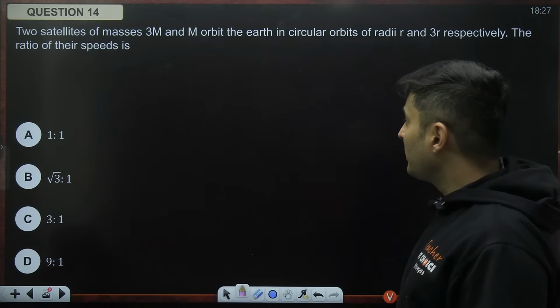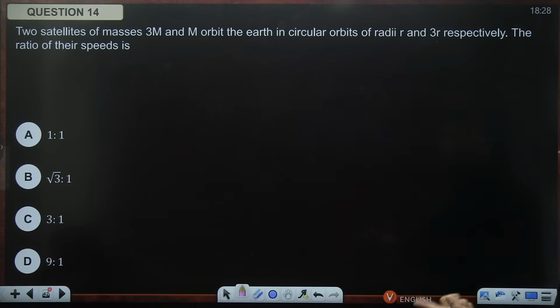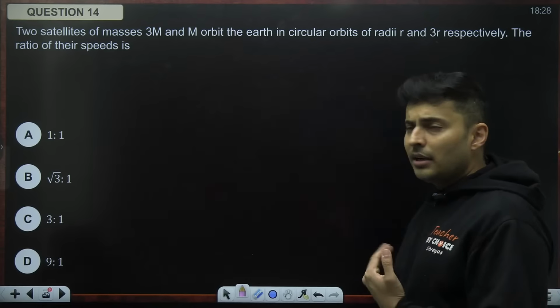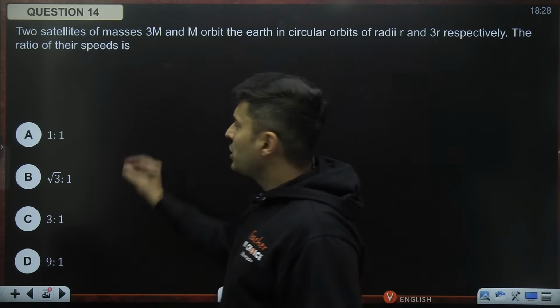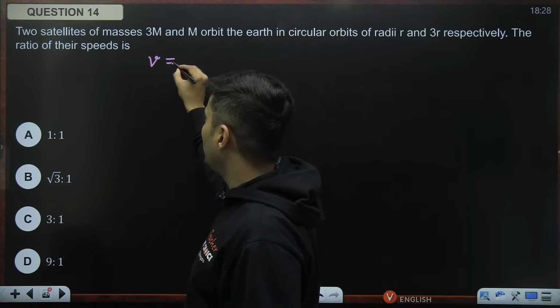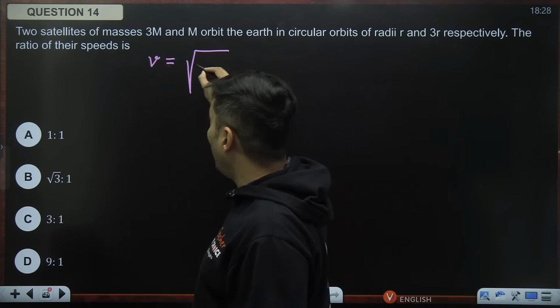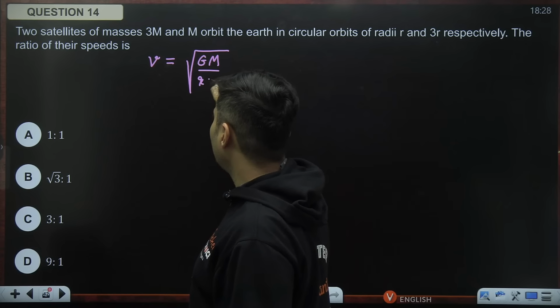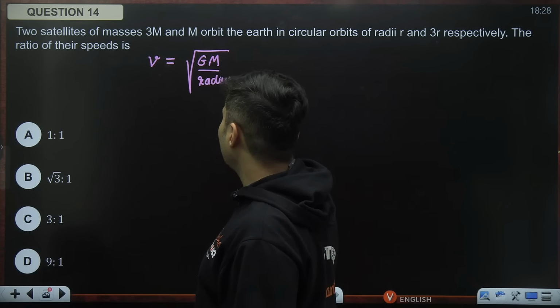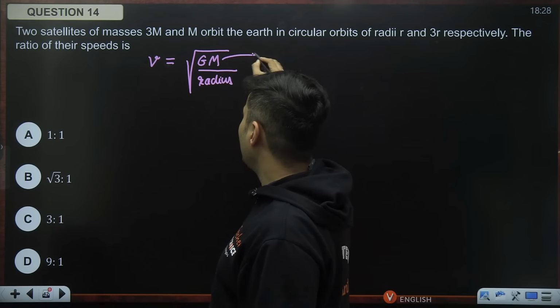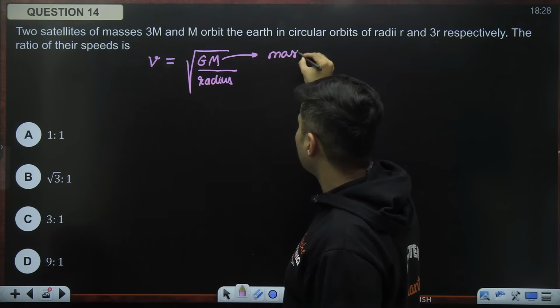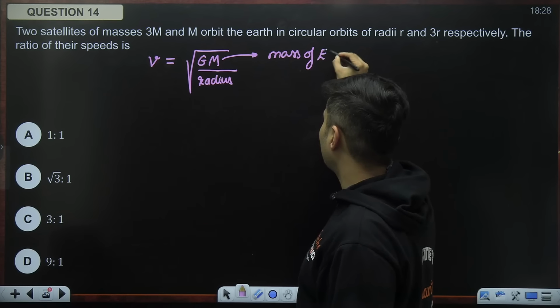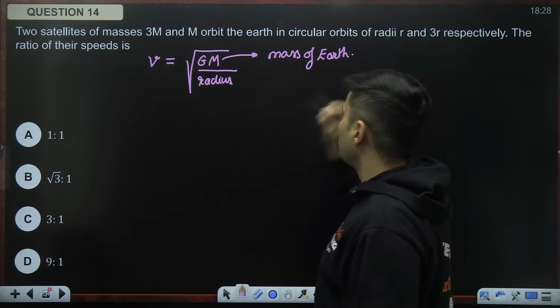Two satellites of mass 3m and m orbit the Earth in circular orbits of radius r and 3r. What is the ratio of their speeds? The orbital velocity of a satellite, if you remember, is root of GM divided by the radius. Now, a lot of people think this M is the mass of the satellite, but no, this is the mass of the Earth around which the satellite is orbiting.